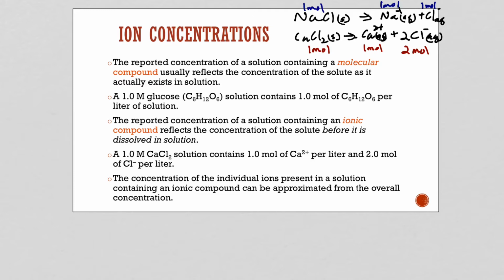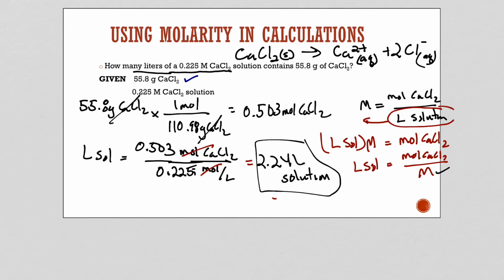And so we can apply this to any solution, right? The concentration of the individual ions present in the solution can be approximated from the overall concentration by looking at the coefficients. So if I were to go back to the problem that we just did, and I were to have 0.225 moles of this compound, that's going to generate 0.225 moles of calcium ions and twice that, so 0.45 moles of chloride ions.